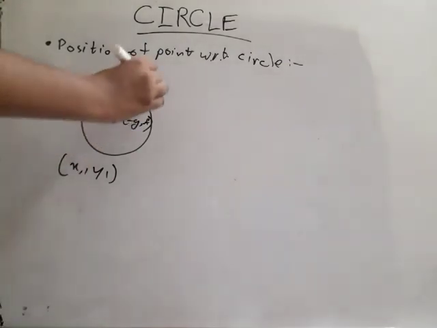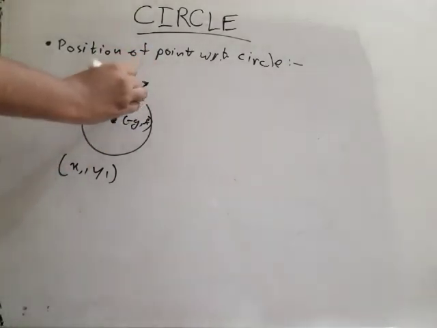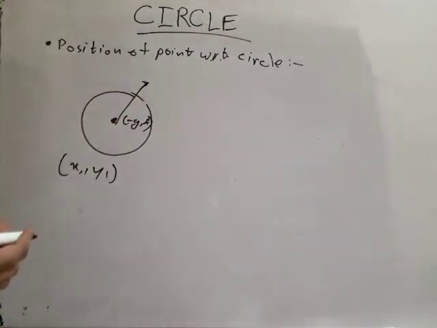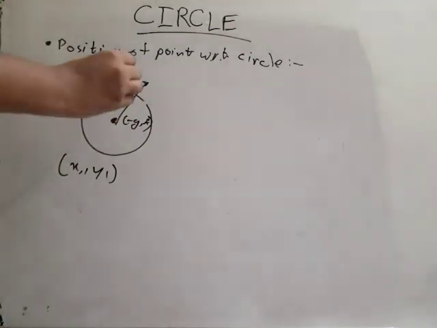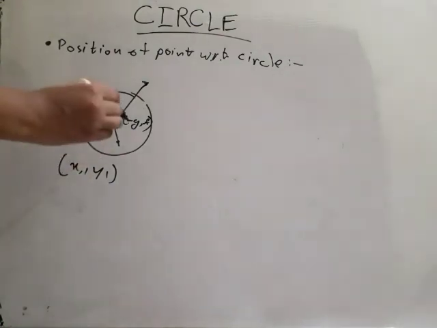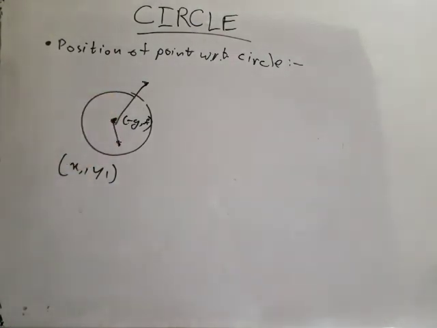Suppose the point lies outside the circle, the distance will be greater than the radius, so that tells us the point lies outside the circle. If the point is here and the distance is less than the radius, then it lies inside the circle. And if the distance is equal to the radius, then the point lies on the circle.